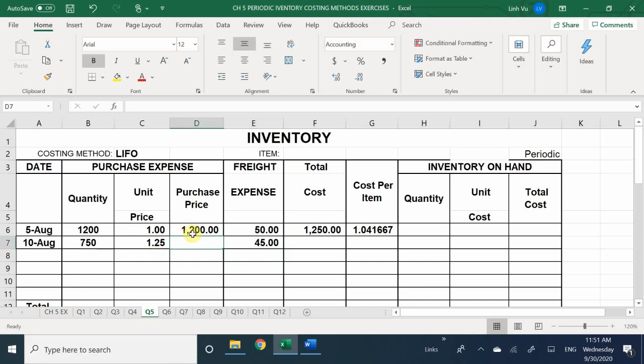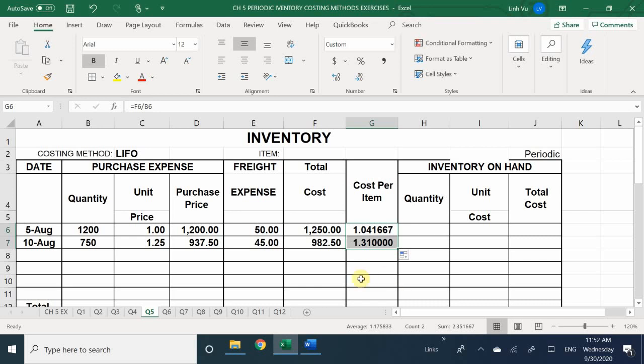I apply this and get $937.50. My total cost is going to be my $937.50 plus my $45 to give me a grand total of $982.50. I divide that entire thing by my 750 to get a grand total of $1.31 each.